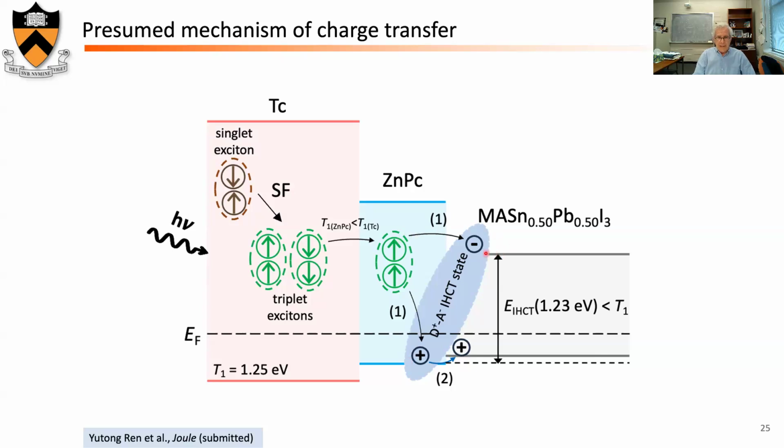The electron is then injected directly to the conduction band of the perovskite. The hole stays, at least temporarily, on the HOMO level, and forms this charge transfer state with proper energy.